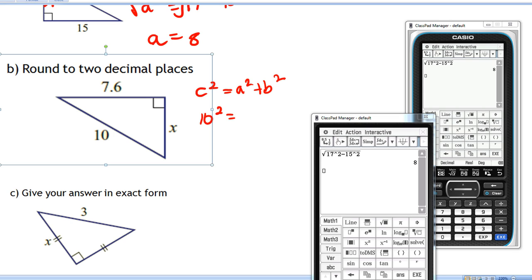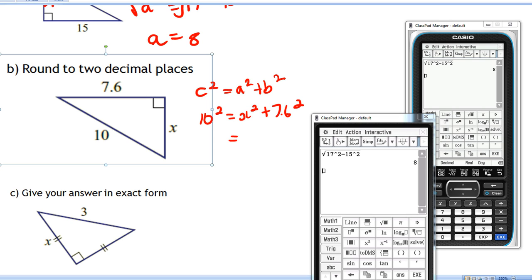Now I've got an unknown of x, which really means that either A squared or B squared can be x. It doesn't really matter because it's addition. It doesn't really matter which one I use as the x value. So I'm going to sub in x for A. So I'm just going to say that A is x squared plus 7.6 squared.